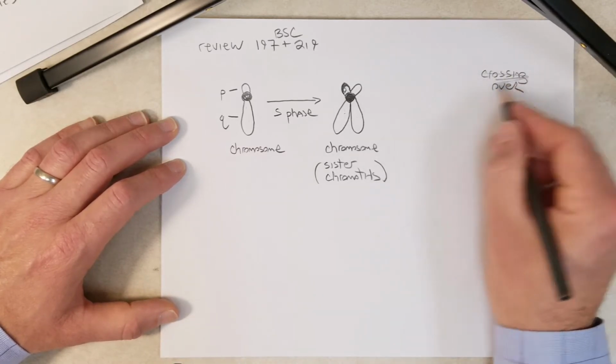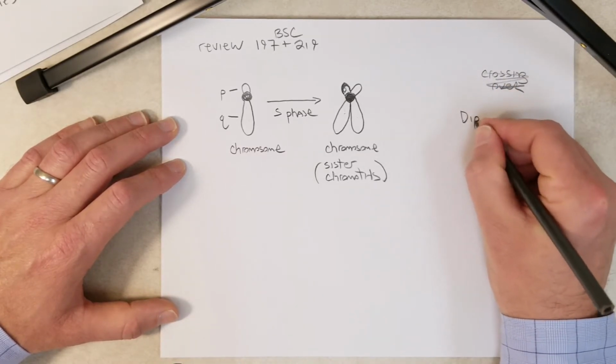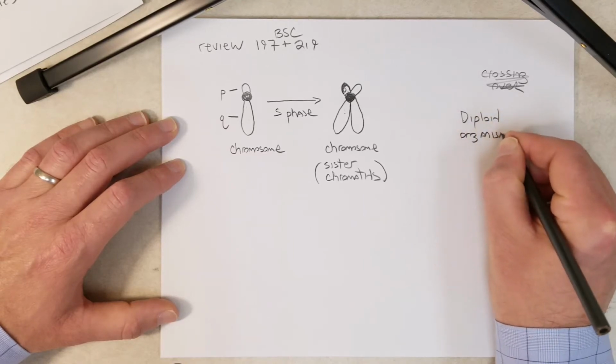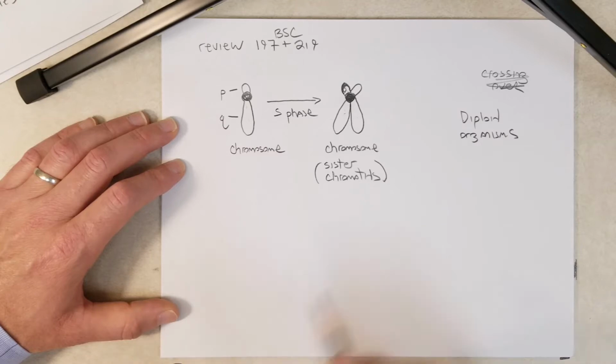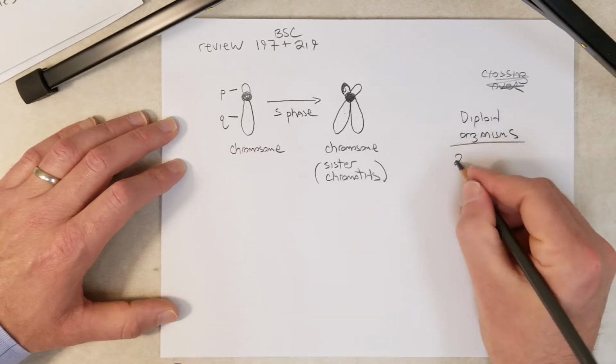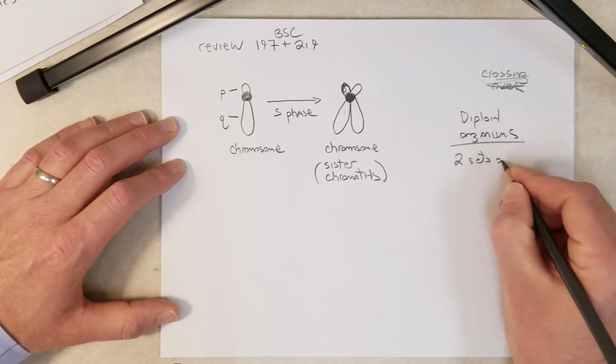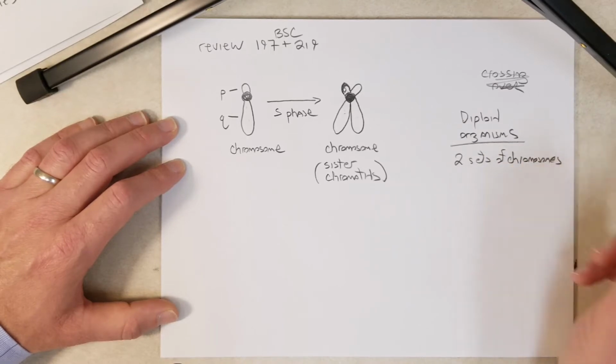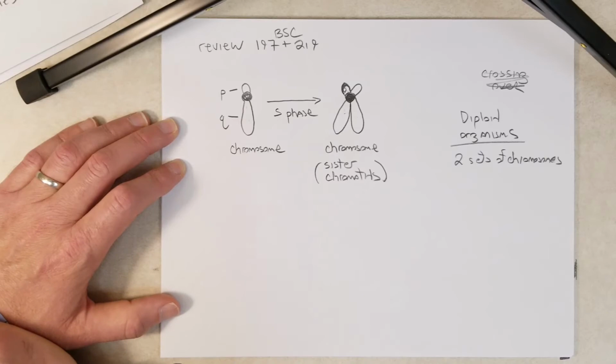Now, in diploid organisms, so diploid organisms are organisms that have two sets of chromosomes. One set is inherited from the paternal parent, the other one is inherited from the maternal parent.